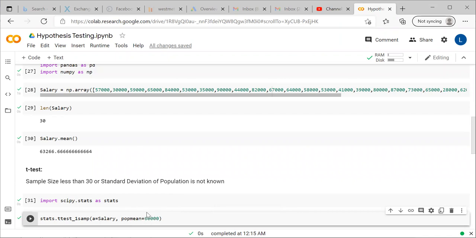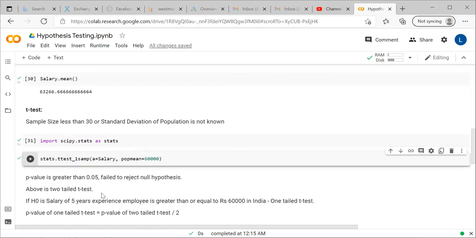Here the population mean is not the 63,266, which is the sample mean. Here the requirement is the population mean, so 60,000 is the population mean. And you run this code.